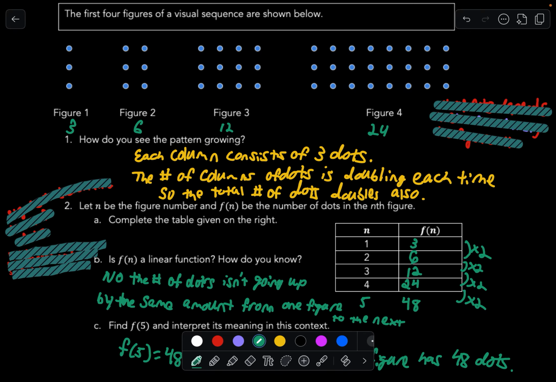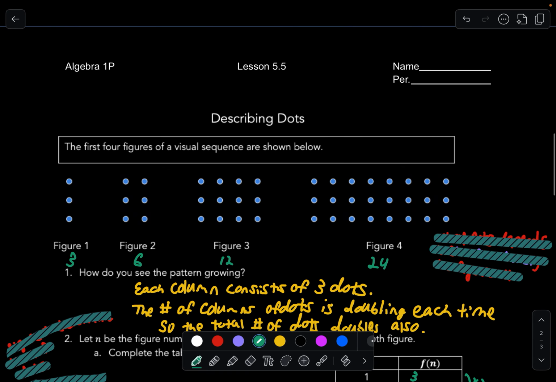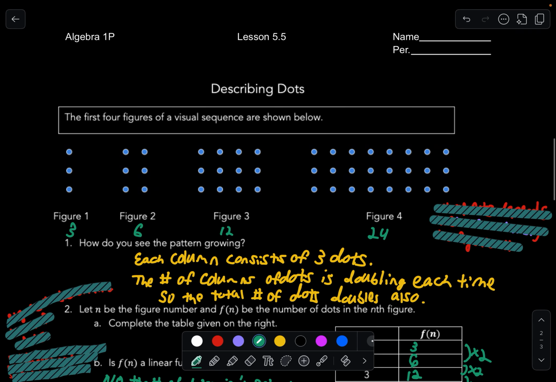First of all, what this is saying is that the number of dots depends on, or is a function of, the figure number. That's the first thing you should realize.